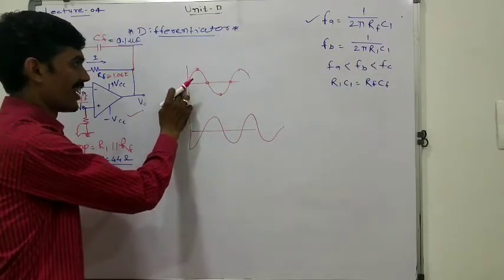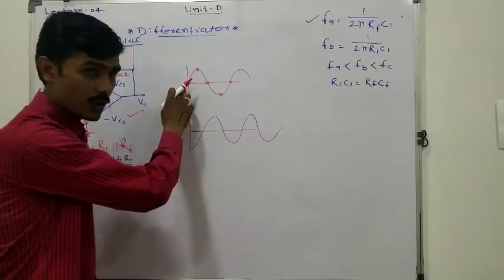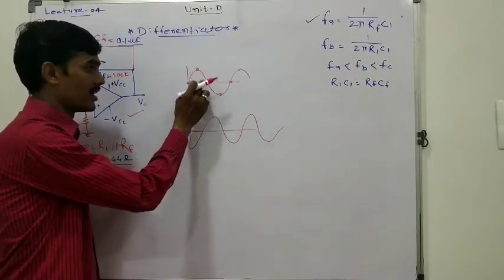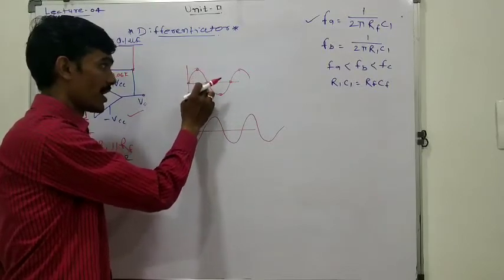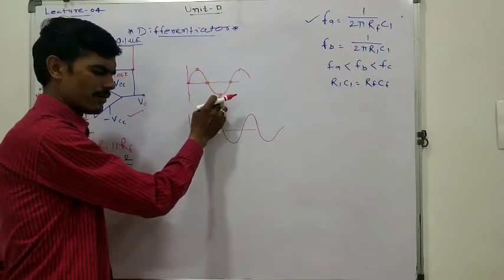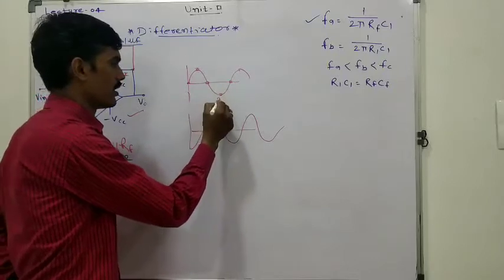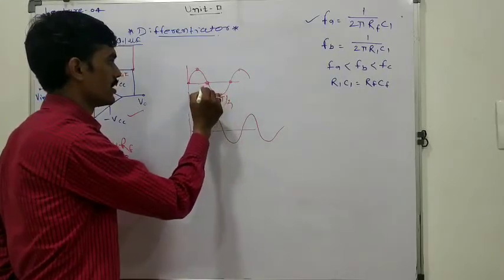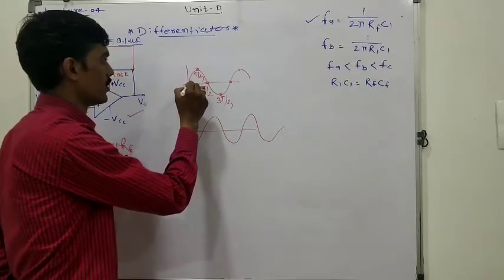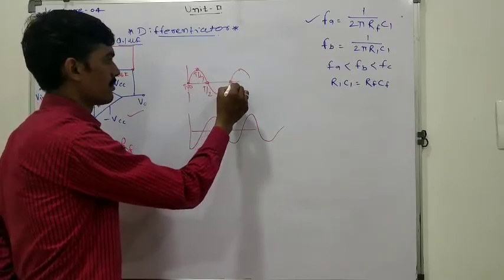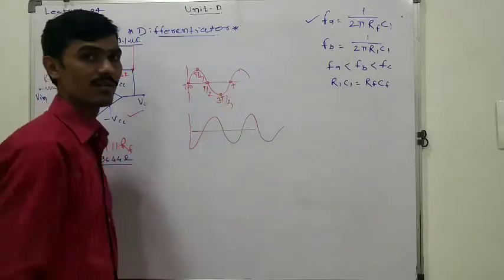Differentiation of this sinusoidal wave for t equal to 0, t equal to 90 degree, t equal to 180, that is T by 4, T by 2, 3T by 4, up to T, the period.